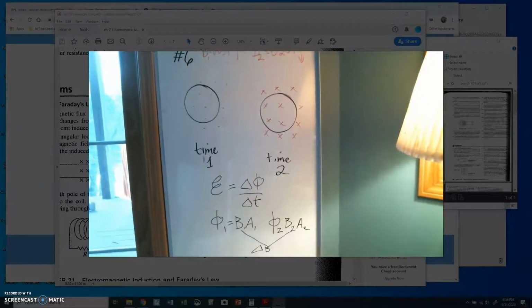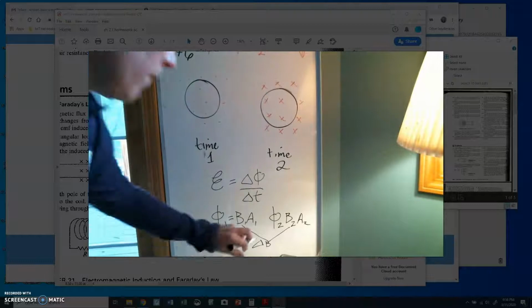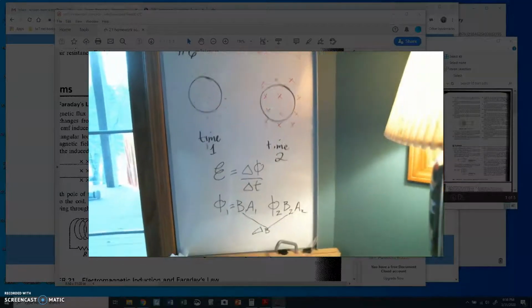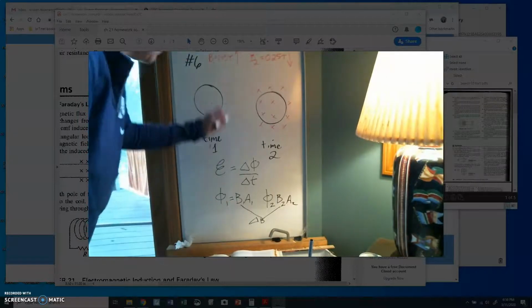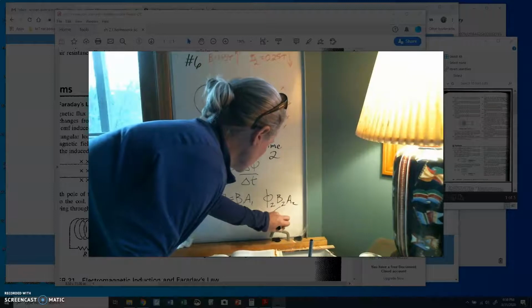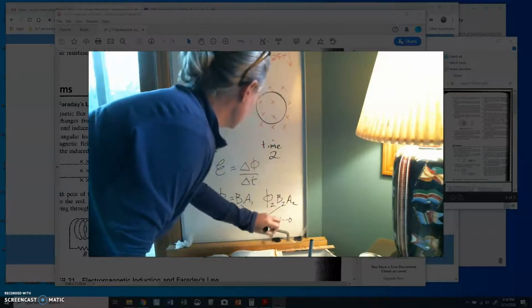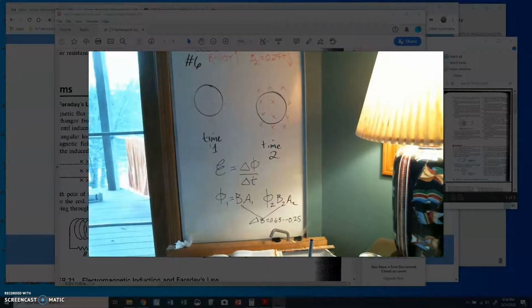So really, what is my delta B? My delta B is going to be 0.63 minus a negative 0.25. Okay, that's in Teslas.